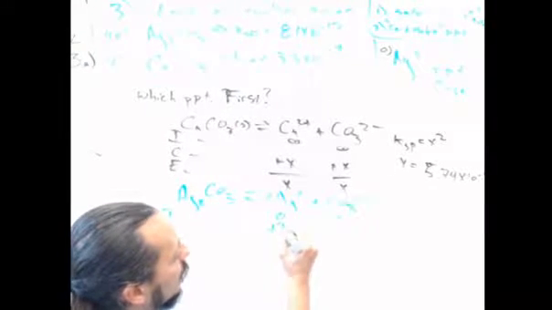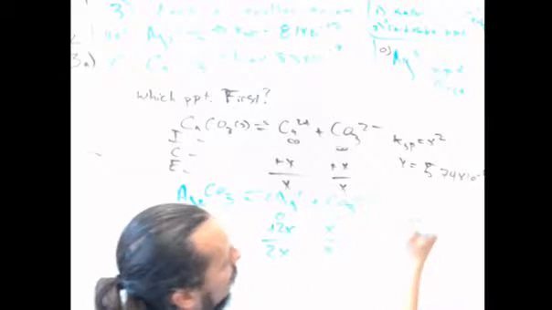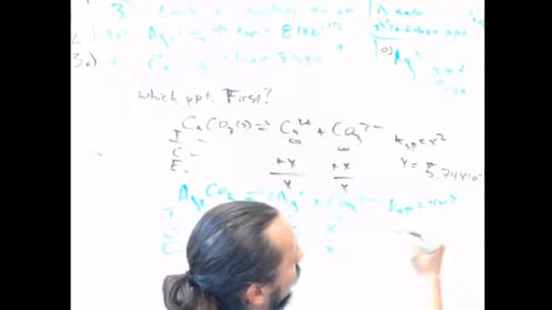But hopefully we're getting good at these and we can start skipping them. I'm going to get KSP equals 4x cubed. I'm going to get x equal to 1.26 times 10 to the negative 4.